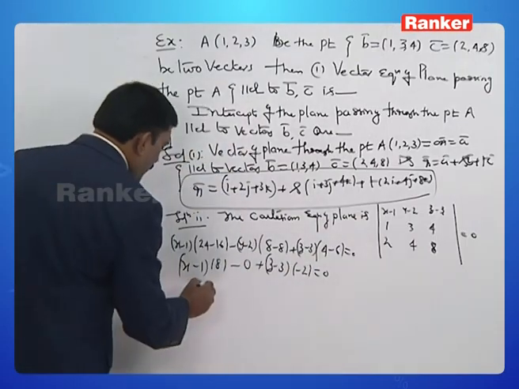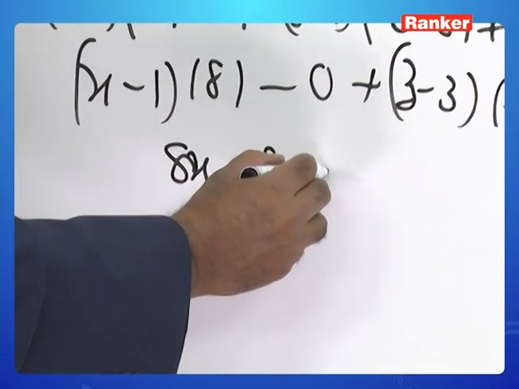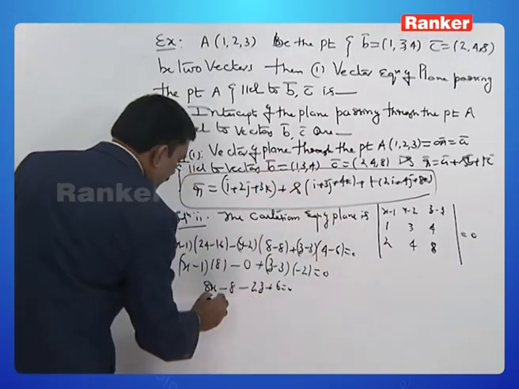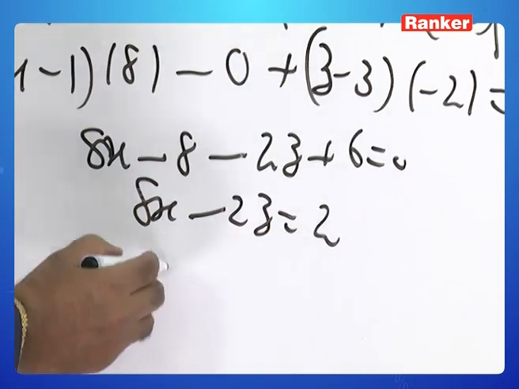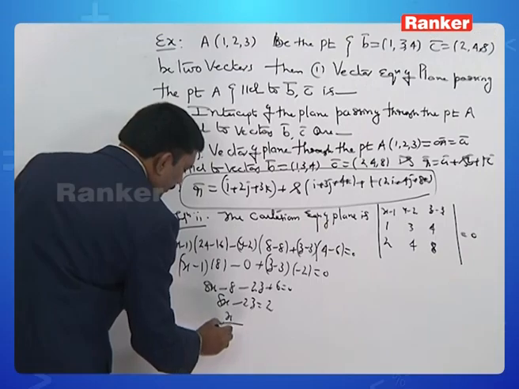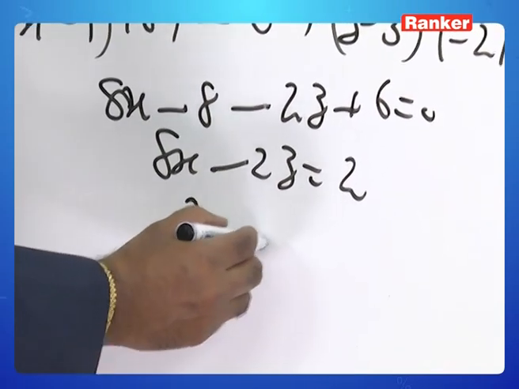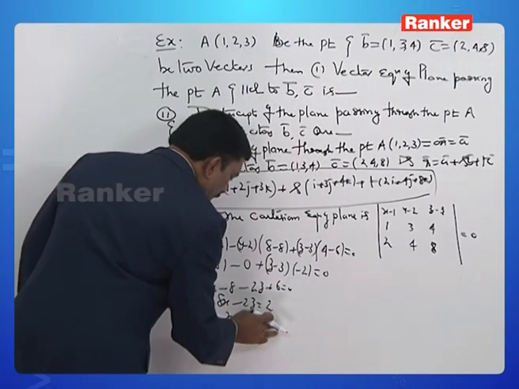Just expand: 8x minus 8 minus 2z plus 6 is equal to 0. So therefore 8x minus 2z is equal to 2, that is, x by 1 by 4 plus z by minus 1 is equal to 1.